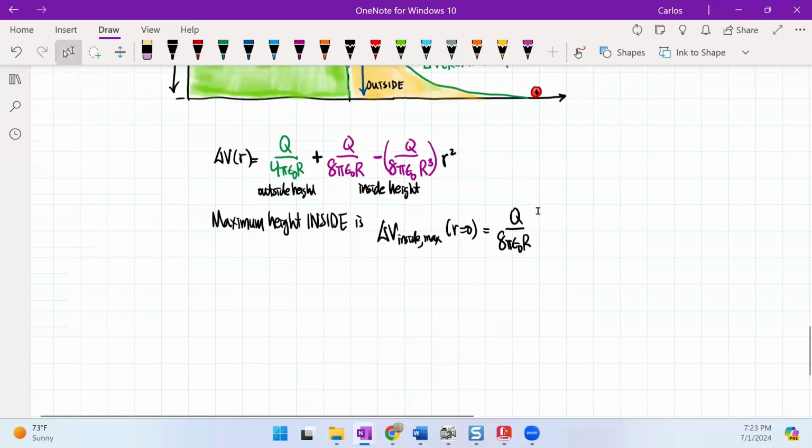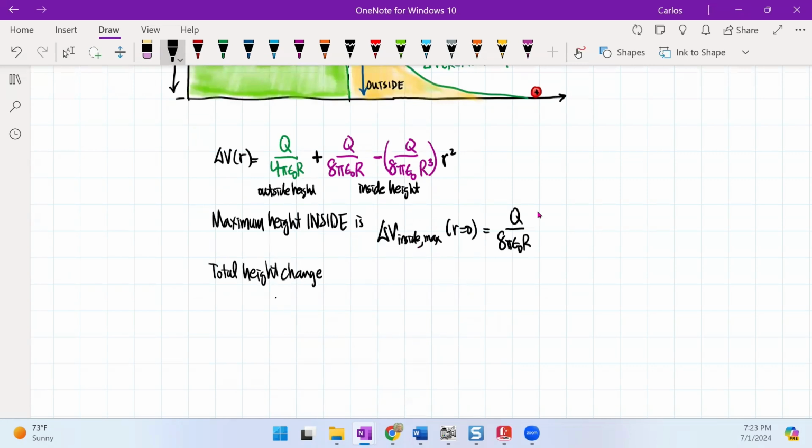The total height change is going to be the height to the surface plus the maximum height on the inside.